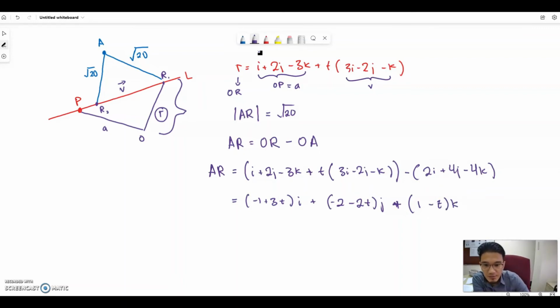Okay, that is for vector AR. So since the modulus, sorry, the magnitude of vector AR is equal to square root 20. So AR magnitude is equal to square root 20.